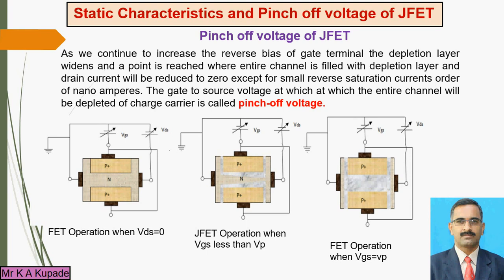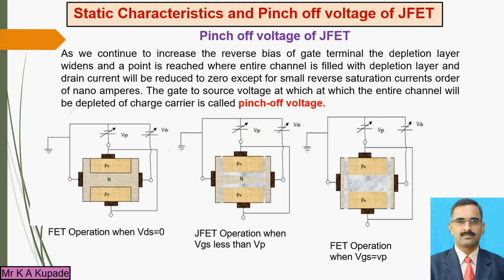Now, suppose I increase VGS in reverse bias, from 0 to a maximum reverse voltage, slowly. The gray depletion region keeps increasing. When VGS comes to VP or just less than VP, this situation is considered. The second figure shows that VGS is less than the pinch off voltage.